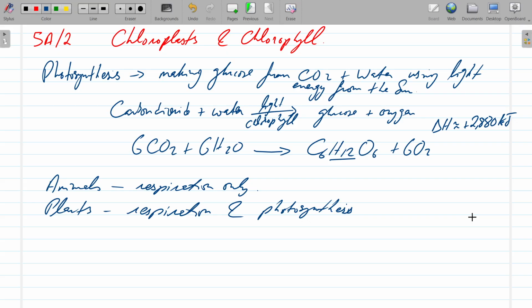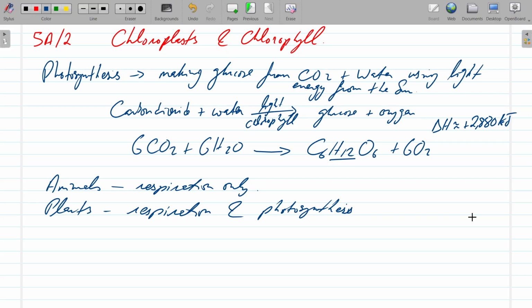So is respiration, because the plant is alive, obviously. And at night, photosynthesis slows down to a crawl. It doesn't stop, it doesn't go to zero. It just slows down to a crawl. And respiration is the major chemical reaction happening in the cells when we compare these two.